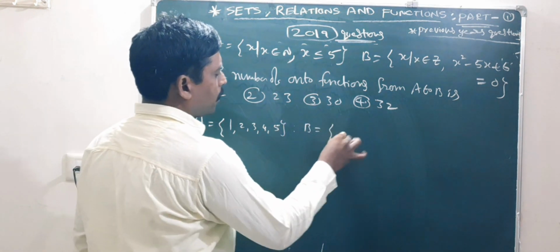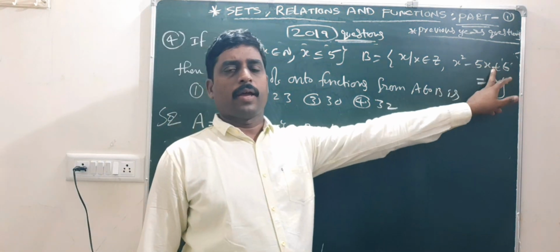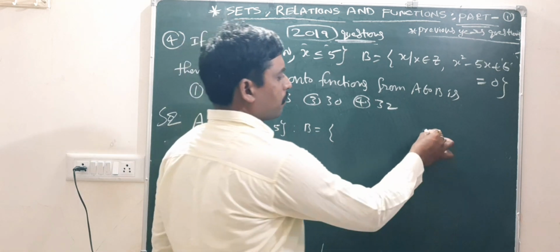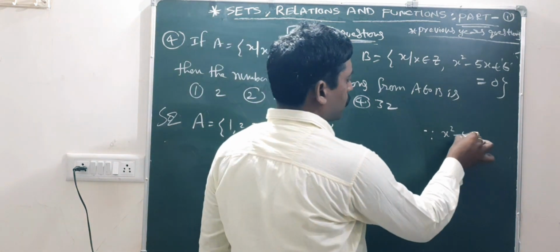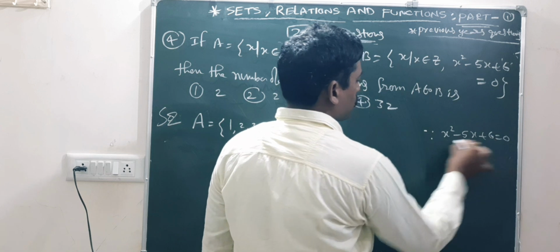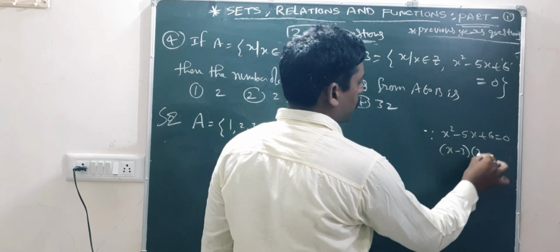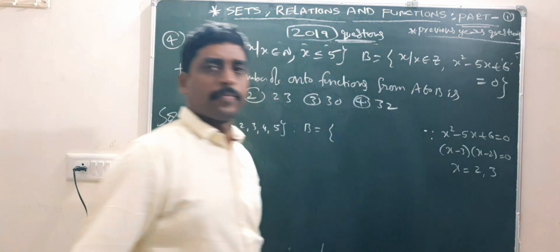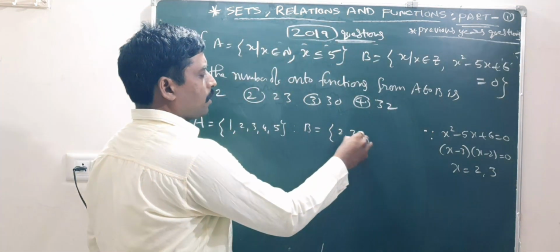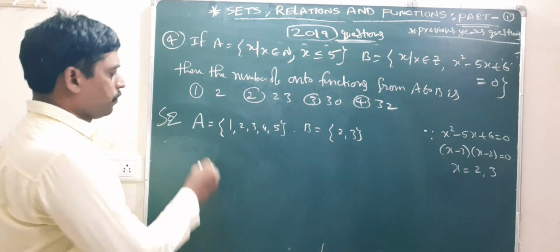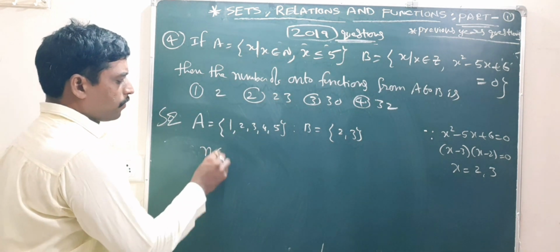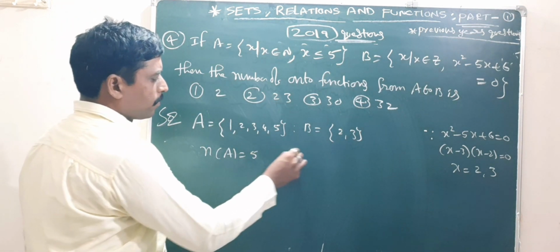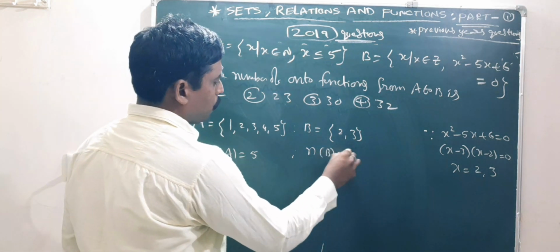And B is x square minus 5x plus 6 is equal to 0. We have factors x minus 3 into x minus 2. Therefore, x is equal to 2, 3. So B has 2 elements, 3. If A has 5 elements, B has 2 elements.